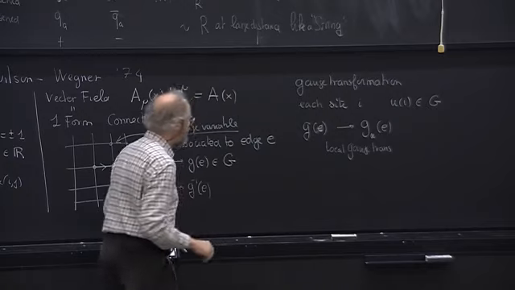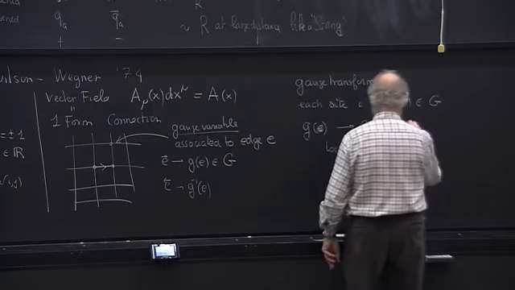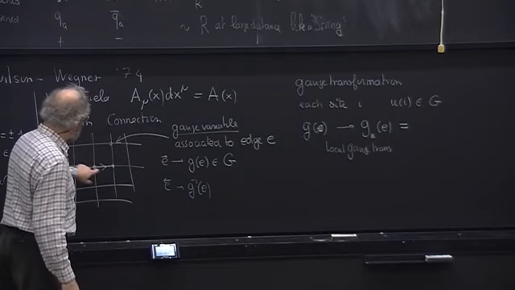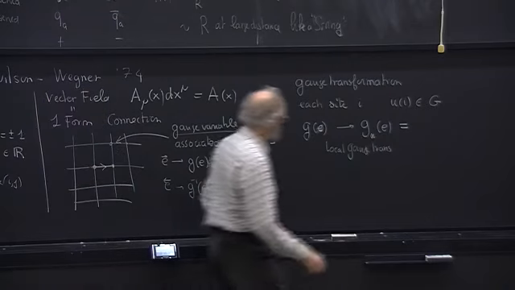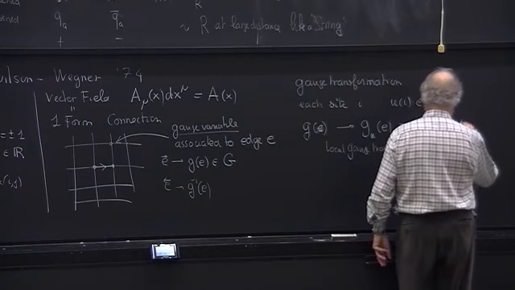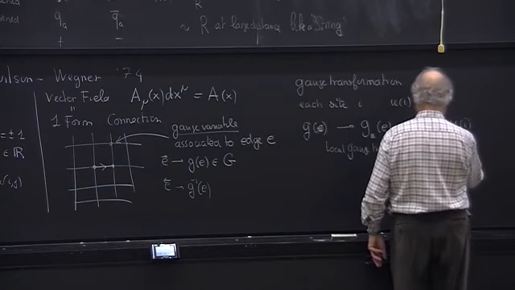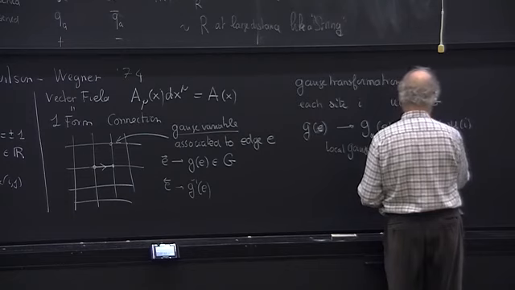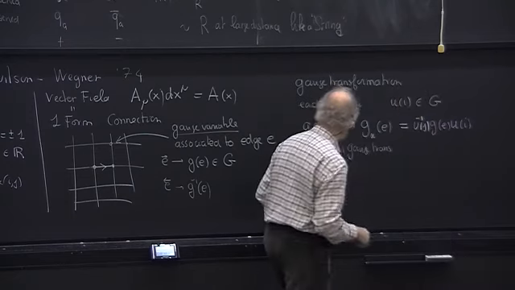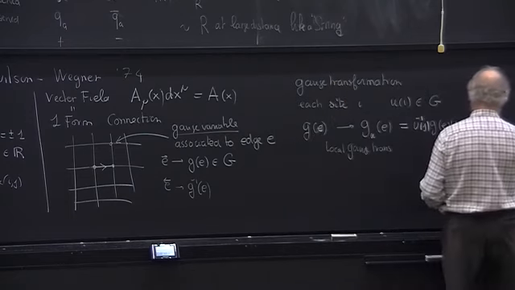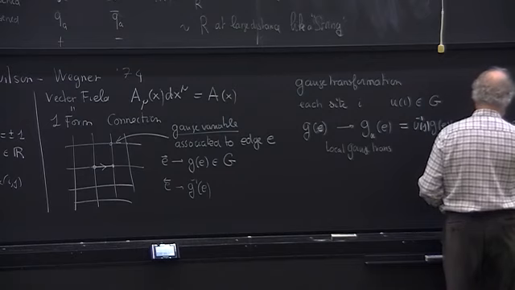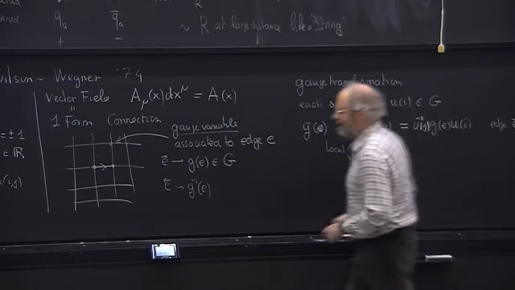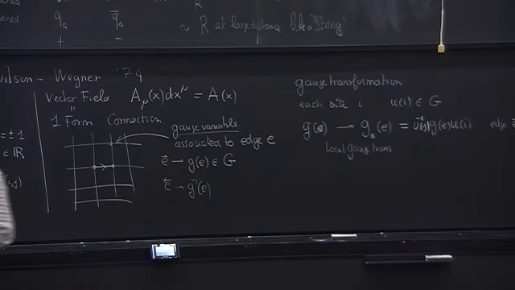It just amounts to multiplying by U here, for instance, that's the choice. So you take U of I, G of edge times U minus 1 of J, for an edge E equal IJ.